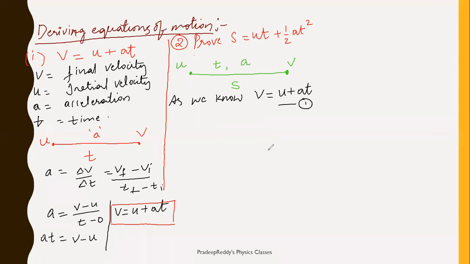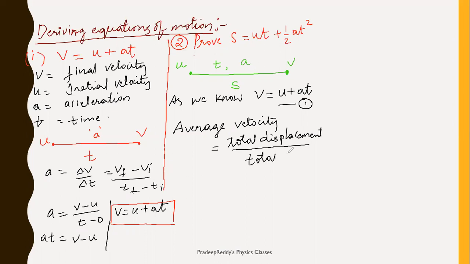And we have a relation for average velocity: average velocity is equal to total displacement divided by total time.